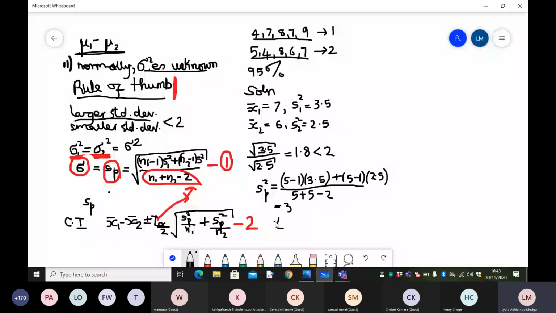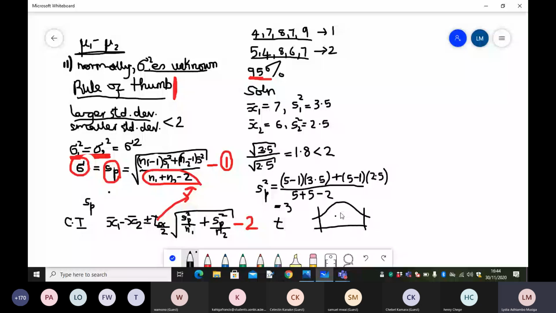Now, our confidence level is 95%. I will not get tired of drawing the T distribution, with 0.95 in the middle region.